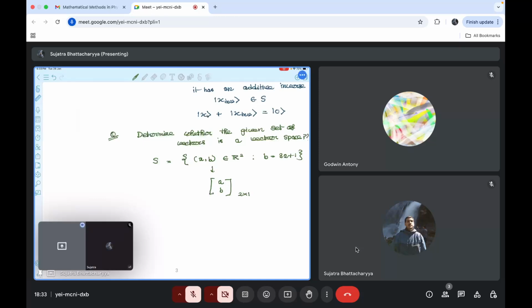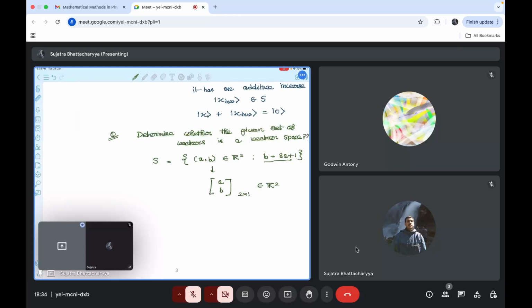But sometimes for the vector space, we generally go for a matrix also. But generally, a vector is represented as a column or a row vector. But let us, for the time being, say that this is the question which is being given, where A and B have a relationship. B is equal to 3A plus 1, and it belongs to R square. Why R square? Because there are two elements here, both coming from the real space.